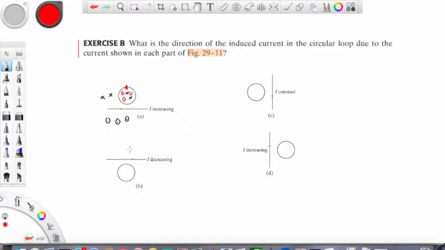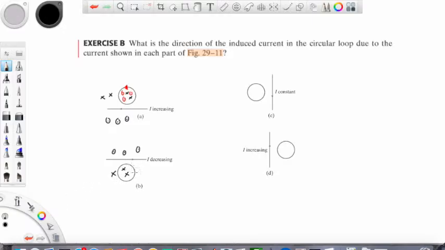In B, the situation is a little bit different in that the current in the conductor is decreasing. So originally, according to the right-hand rule, there's a field like this and going into the screen over here. But now, as the current is decreasing, this field is fading away.